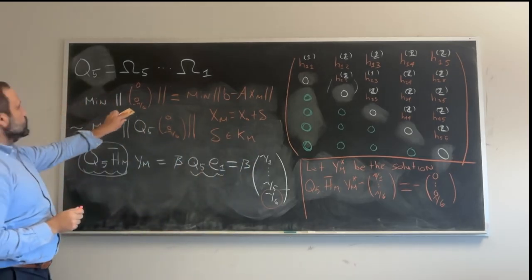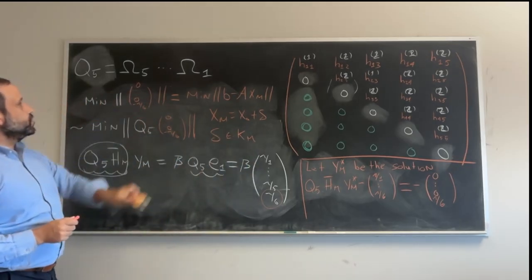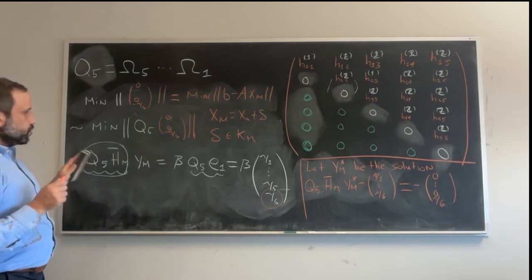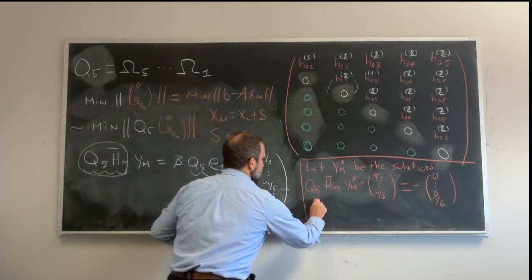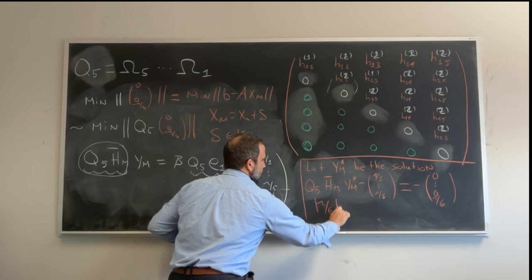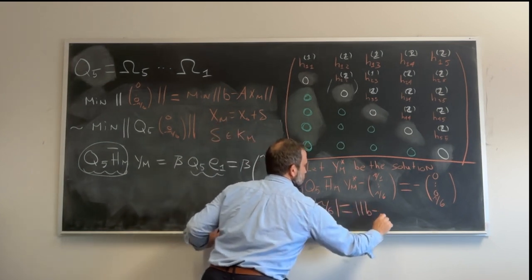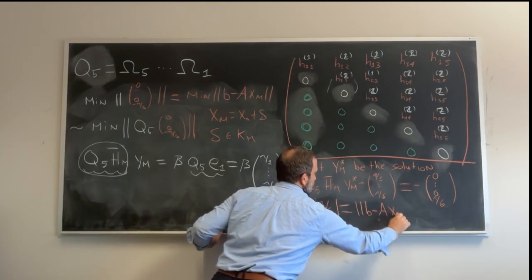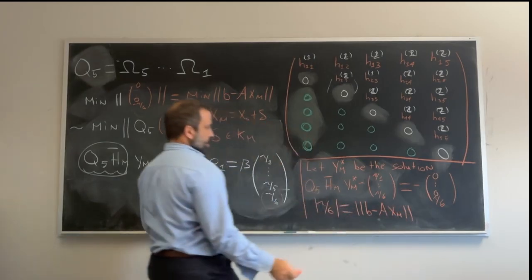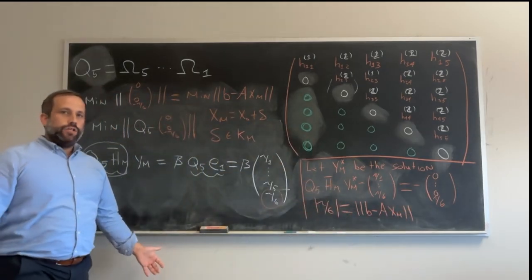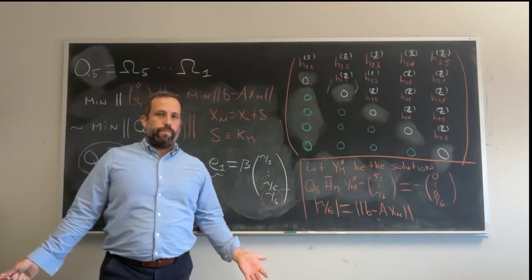So in other words, the norm of this vector is the norm of the residual. So in other words, the absolute value of gamma 6 is equal to the norm of the residual, B minus A xm. Okay, so why is this helpful?